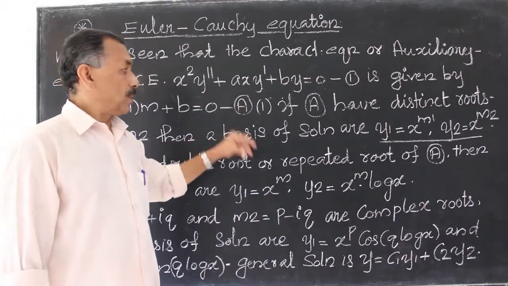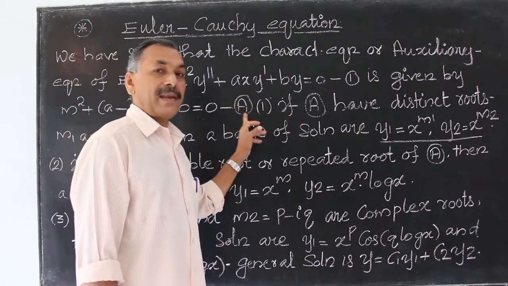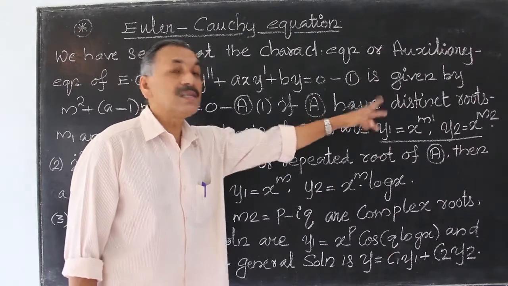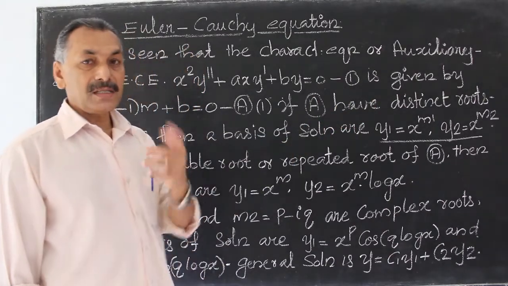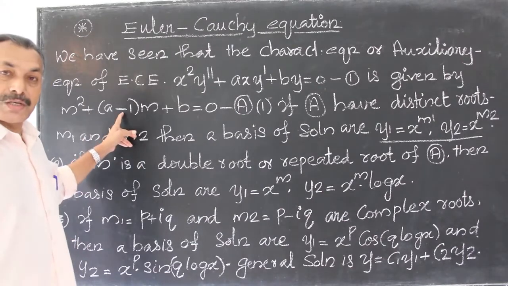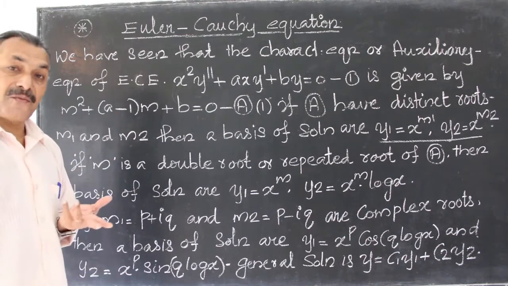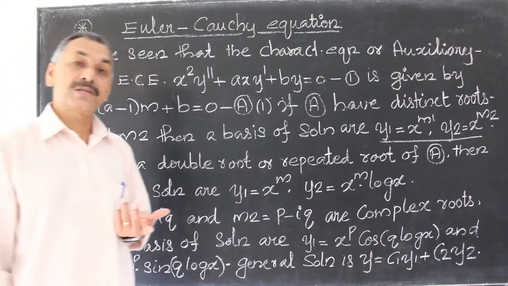Then the result in the first case is if the characteristic equation has distinct roots. The distinct roots m1 and m2. Assume that the roots are distinct and they are given by m1 and m2. Then which are the solutions?